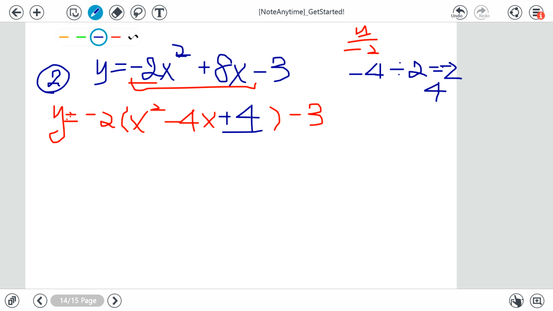Now, although I added 4 within the parentheses, in the whole equation, we've added not just 4, but also we've added negative 8. Because you see, if I have to distribute this, this becomes negative 8. Since I have subtracted 8, what should we do?